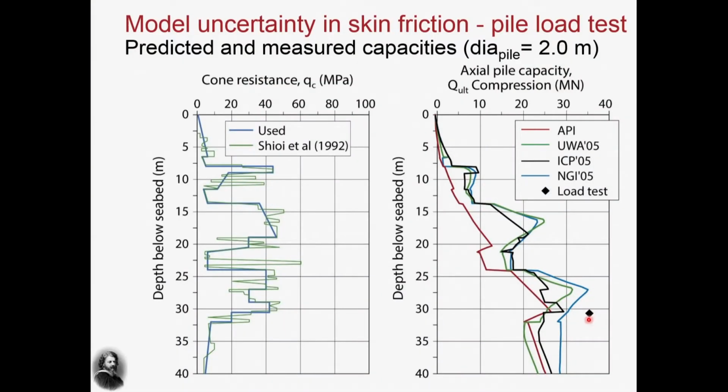And then we compare the result of the pile load test described by this point with the result that you get from the calculation using the profile at the site and your best estimate of the parameters. And with 50, 60 data points, then you can obtain a mean and a standard deviation for the model uncertainty. There are uncertainties there, but still you use engineering judgment to help you.